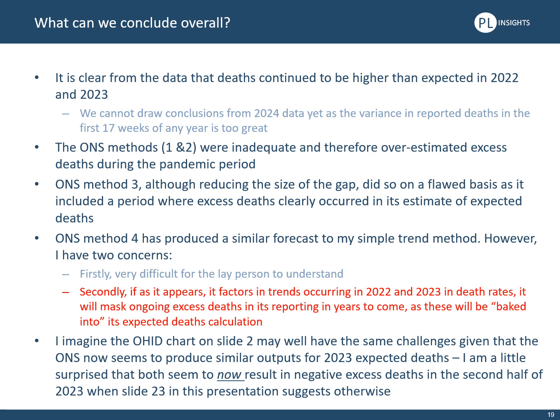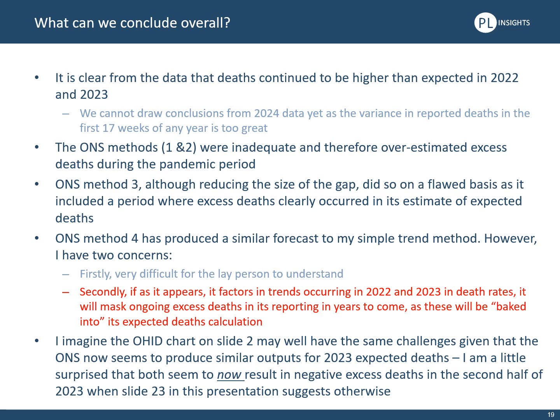The two charts I had right at the beginning are actually taken from the Office of Health Improvement and Disparities. And I do wonder whether they've had the same challenges and have sought to overcome them in similar ways. Because the ONS, and I'm going to make this a topic for a future presentation, now has a further chart with excess deaths on its own website that gives similar outputs to the second of the OHID charts.